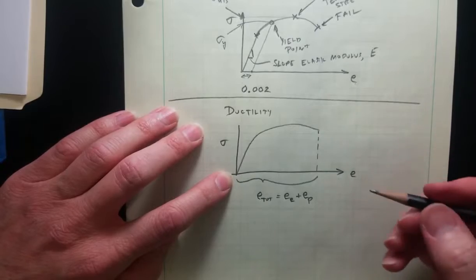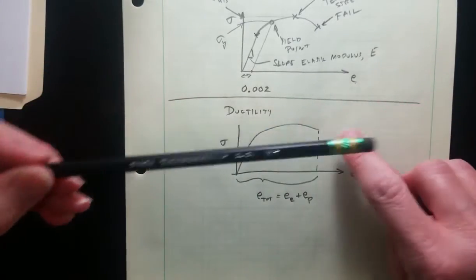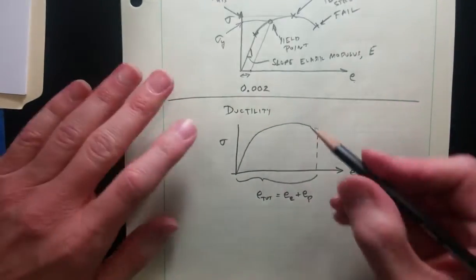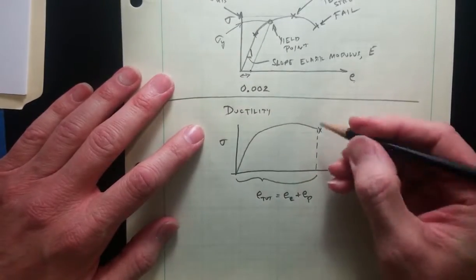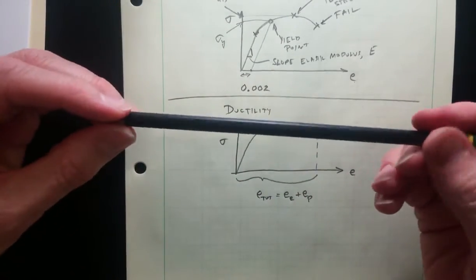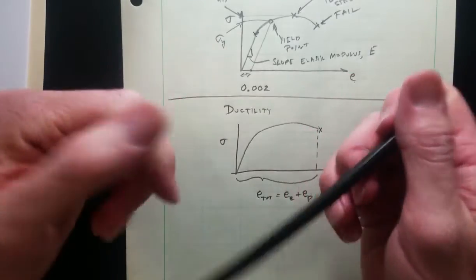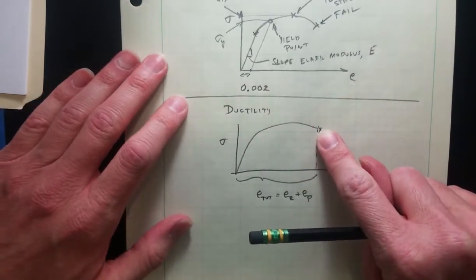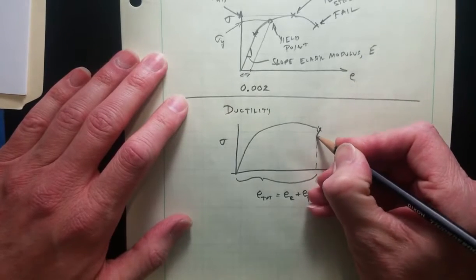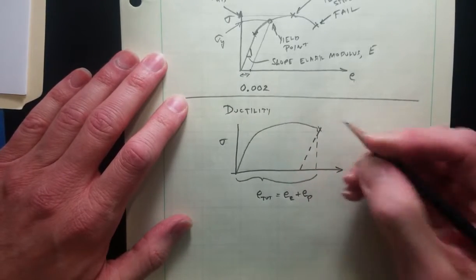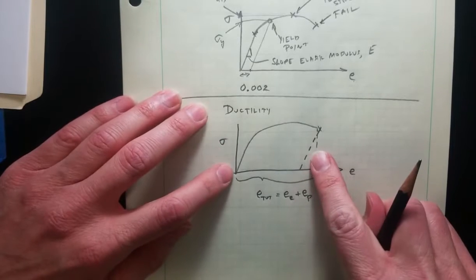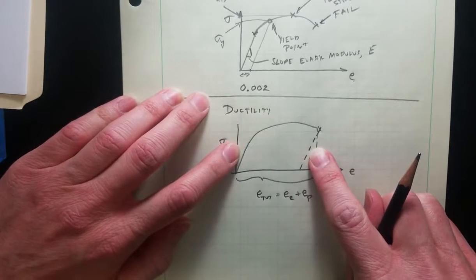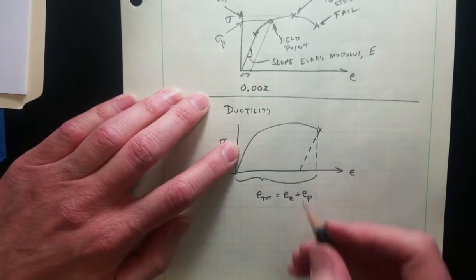Right? And if we keep pulling on the part past there and it breaks, what's going to happen is the elastic part is going to shrink back, and we're going to be left with two parts which are slightly shorter than they were just prior to fracture. And that snapback has the slope of the elastic modulus.